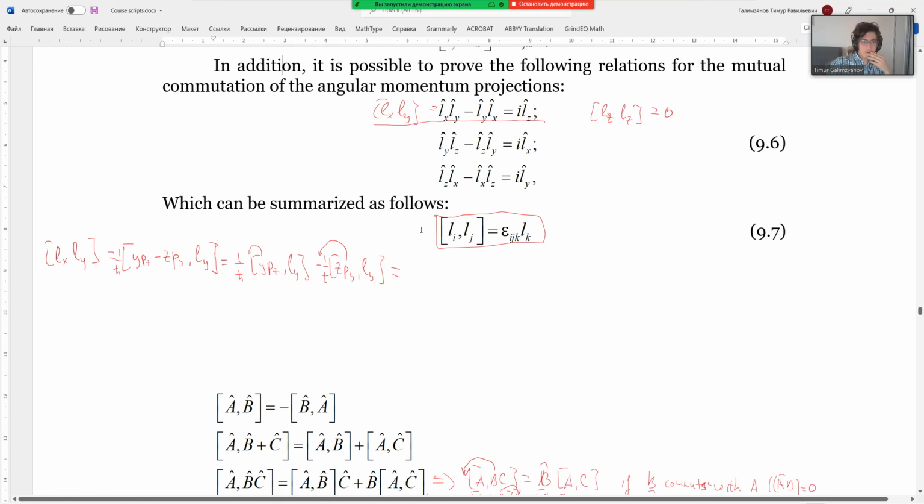That's why we can say Ly commutes with Ly.